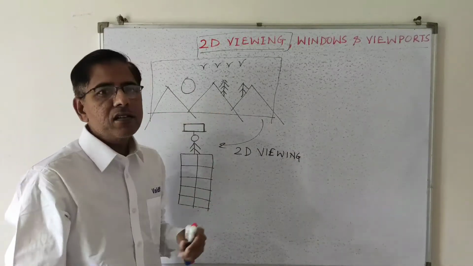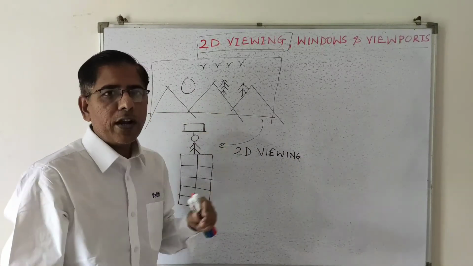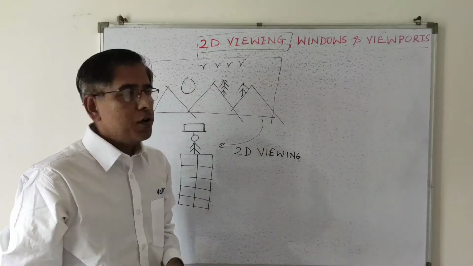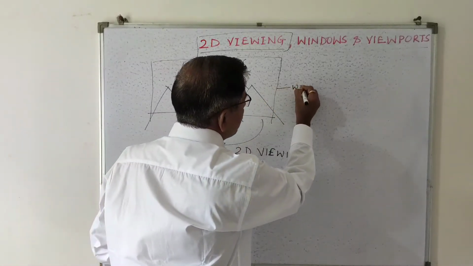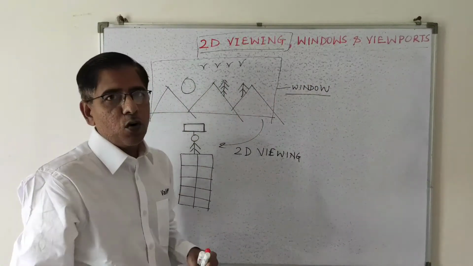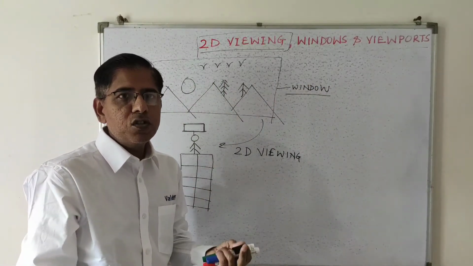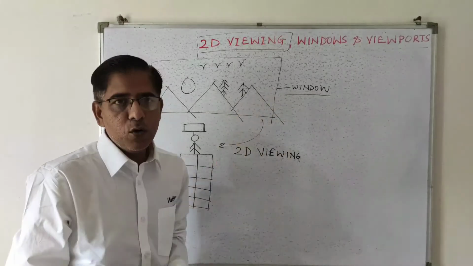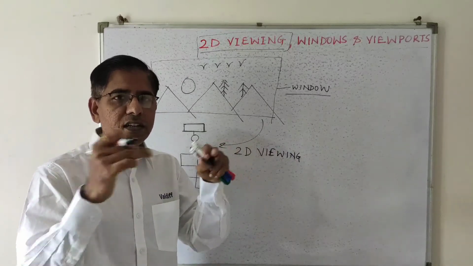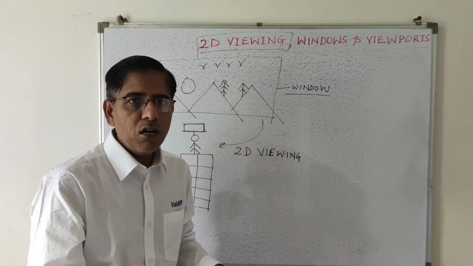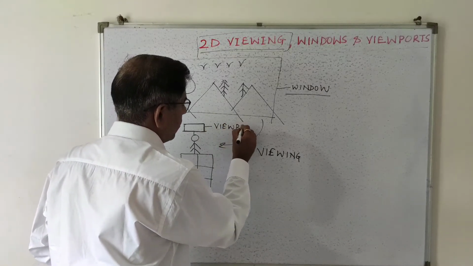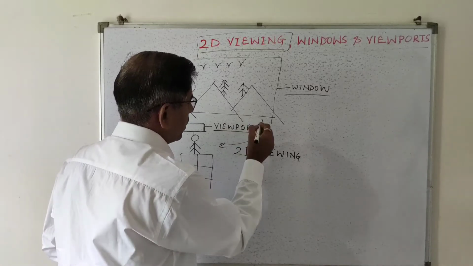Now the question is, what are these two rectangles called? The bigger rectangle is called the window, the rectangle which includes the scenery. And the second rectangle, in which you want to fit that particular scene, is called the viewport.